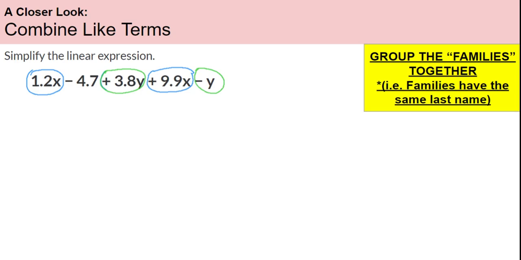Okay, so let's group our like terms. I've got my blue group, my x's, 1.2x plus 9.9x.